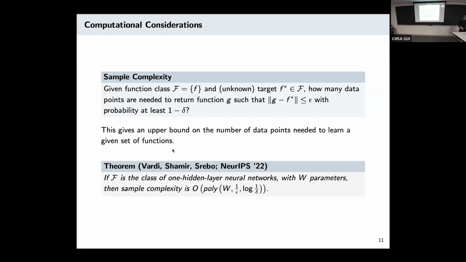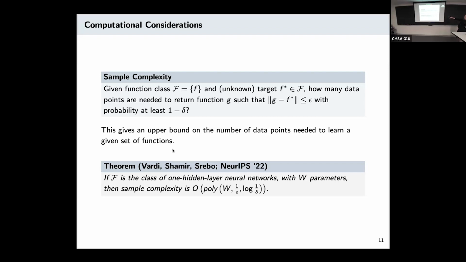And for standard feed-forward neural networks, so geometry-agnostic architectures, that's been analyzed. What we typically find is that the sample complexity here scales polynomially in the number of parameters. This is one example from a paper that's about two years old that analyzes the class of functions that can be represented by a one hidden layer feed-forward neural network.